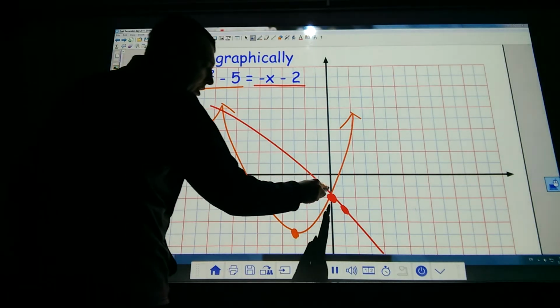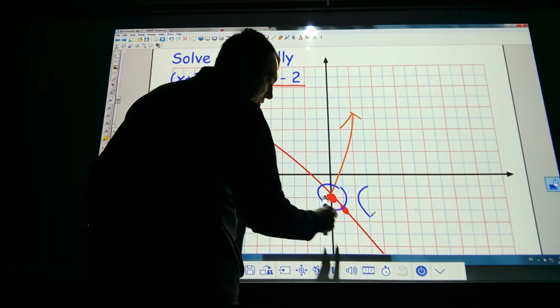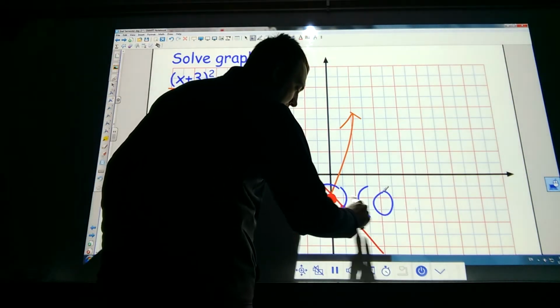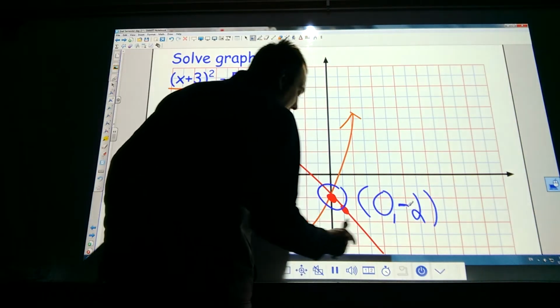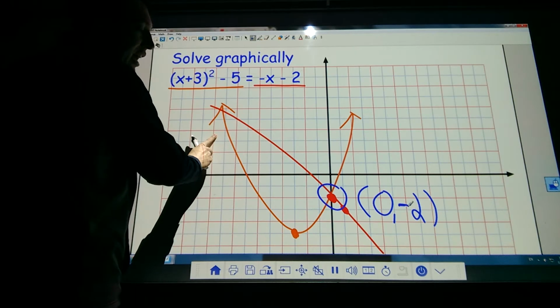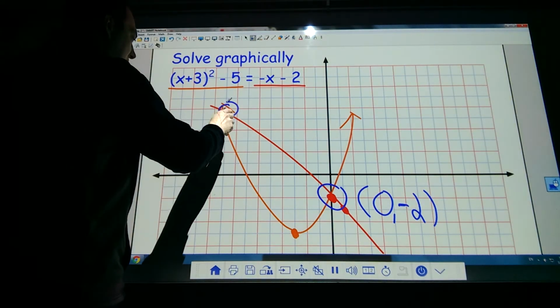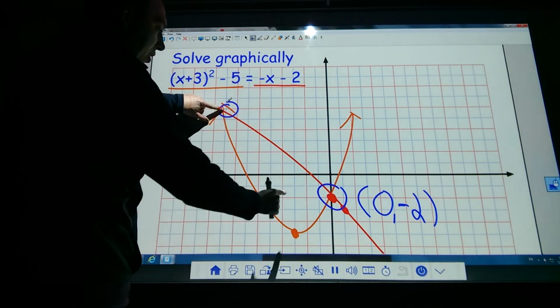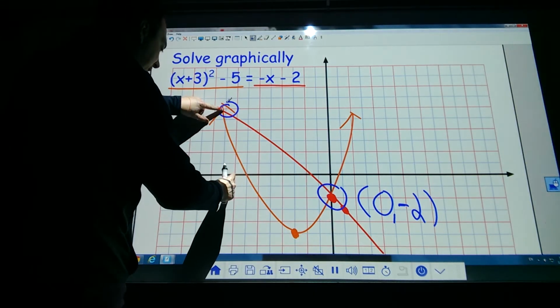One answer is right here. And where is that? That is at the point 0, -2. Now, this, not as accurate because it's farther away here. I'm going to say it's right here. And where is that? 1, 2, 3, 4, 5, 6, 7, 8, 9.